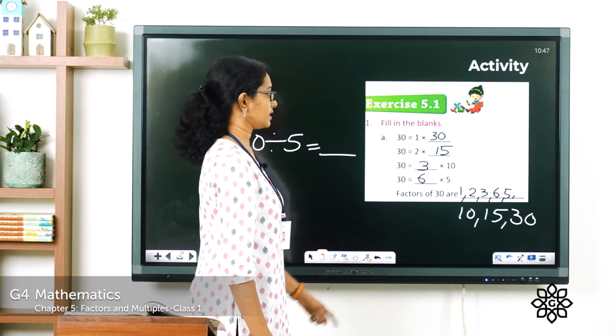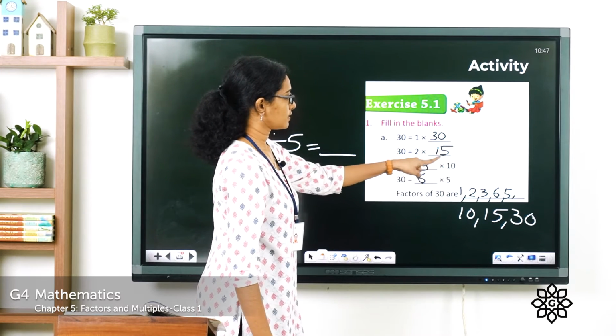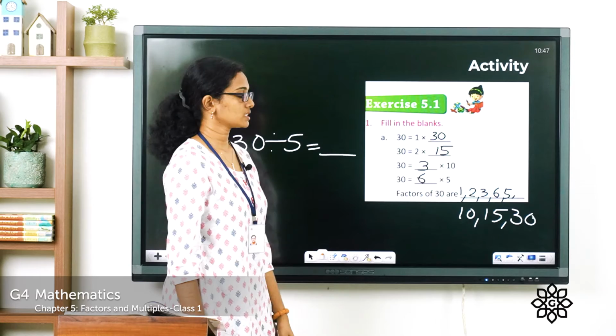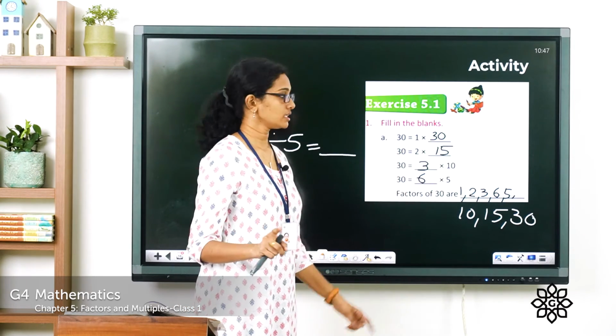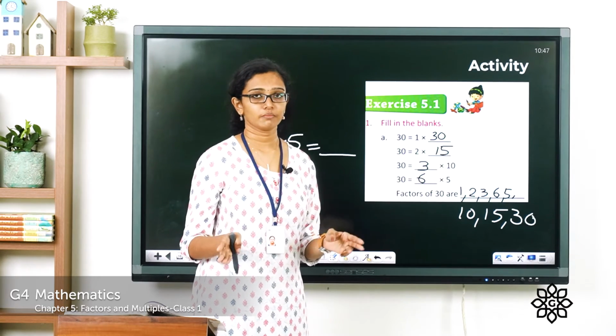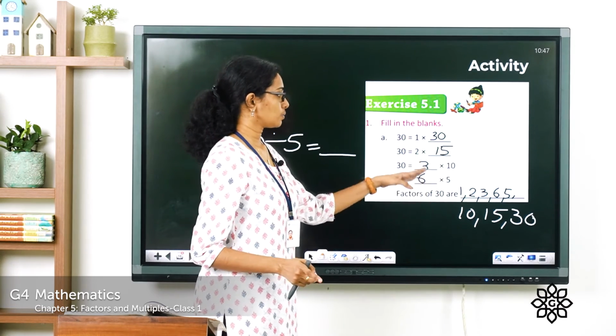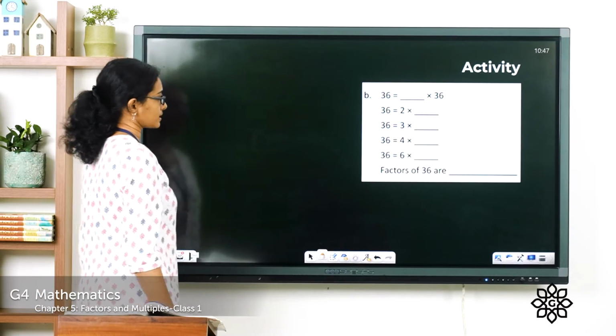Any more factors are there? 1, 2, 3, 5, 6, 10, 15 and 30. See, all the numbers have 1 as a factor and the number itself as a factor, and all the other factors will be numbers that come in between 1 and the given number itself. Clear?